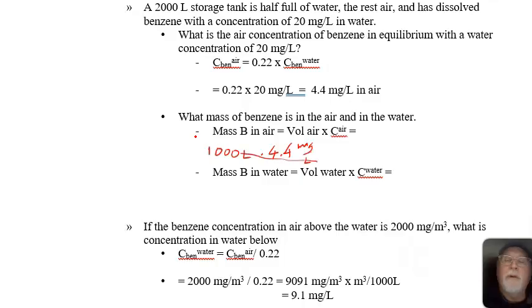So we have 4.4 times 10 to the third milligrams, or 4.4 grams. Or in the water, we also have 1,000 liters times the 20 milligrams per liter, which would be 20 grams.